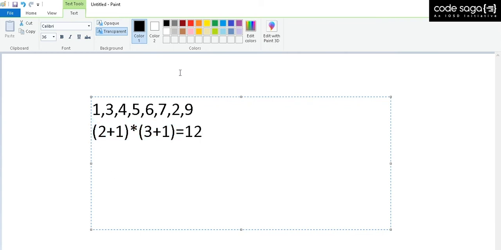Now that we have this, in the second iteration we come across 2, and the previous even is 6. So the number with this would be the number of elements after this, which is 1 plus 1, and then the number of elements before it, which is 4, into 4 plus 1.